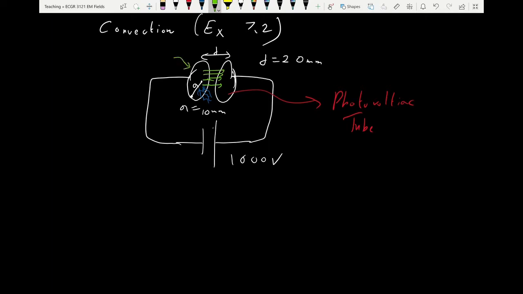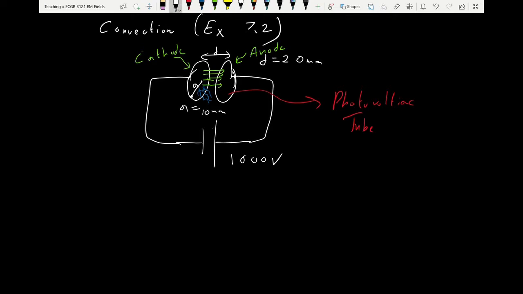This plate is called the cathode, and the plate where the electrons hit is called the anode. So the cathode is the source of the electrons, and the anode is the destination of the electrons.